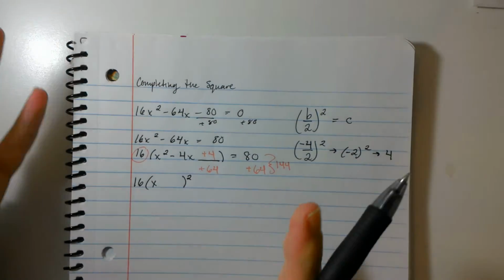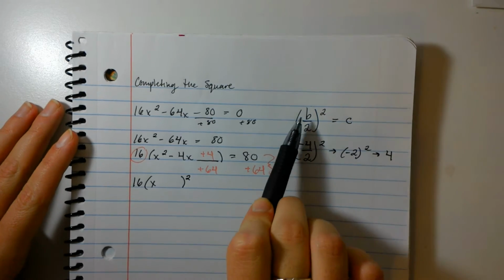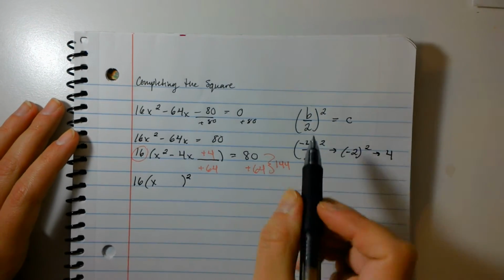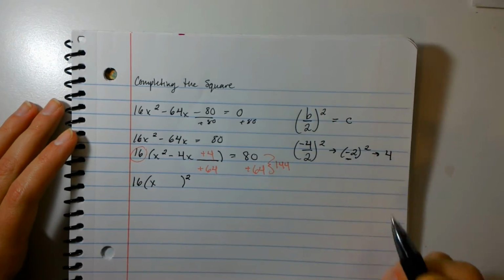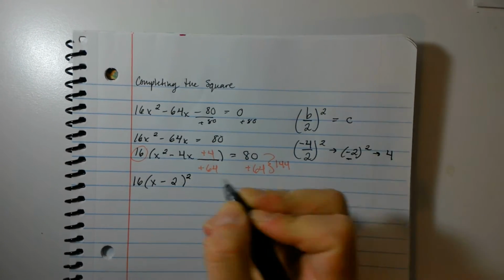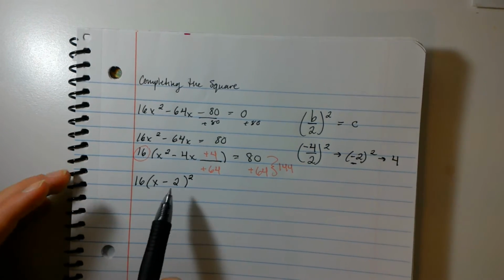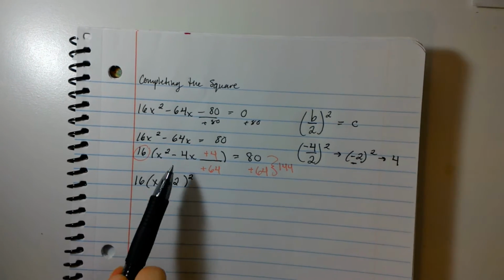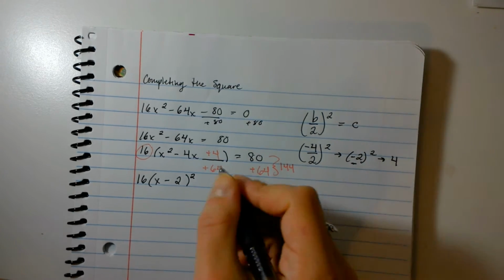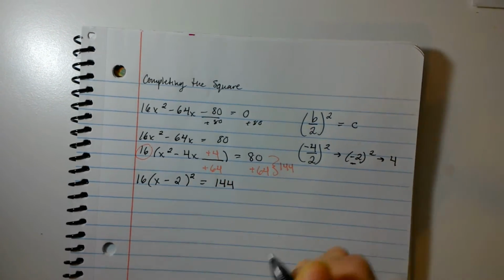So you're trying to find your missing factor, which is actually found by b over 2. So we already found b over 2, which was a negative 2. So you're going to insert your negative 2 here. And if you actually completed this and multiplied x minus 2 by x minus 2, you would get this up here. And so now this is all equal to a positive 144.